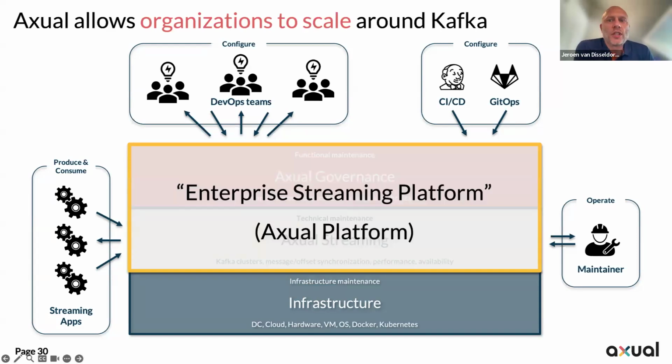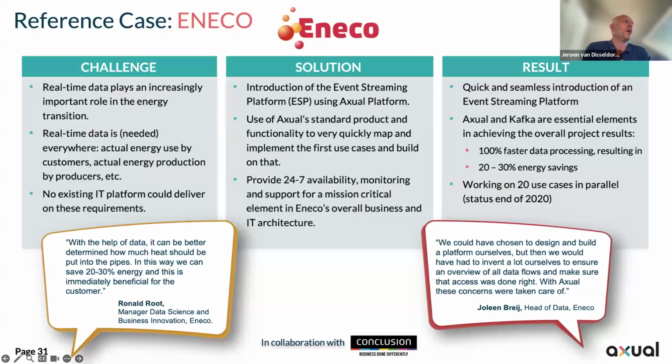So let's look at a few examples of customers that have done this in the past, that have really unlocked legacy systems and use the data actively in modern landscapes. First customer that does this is Eneco, a major energy player in the Netherlands. They started out with Kafka in 2019.